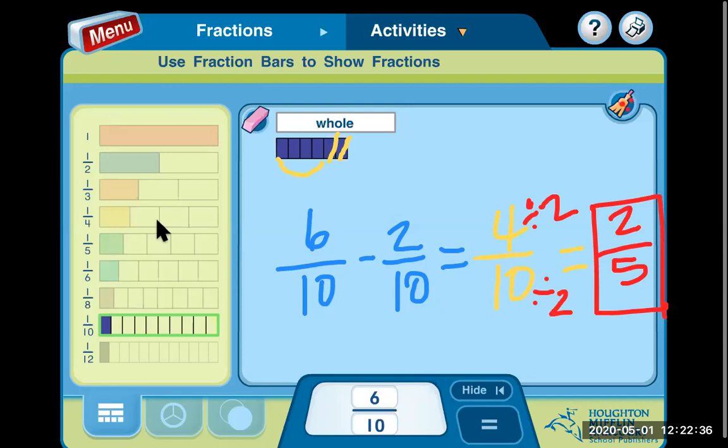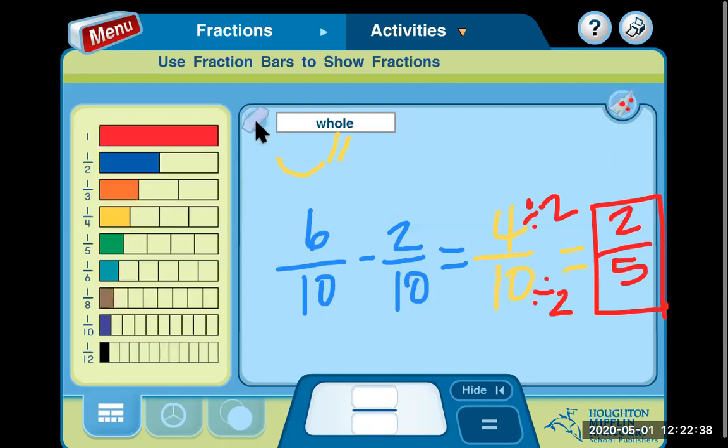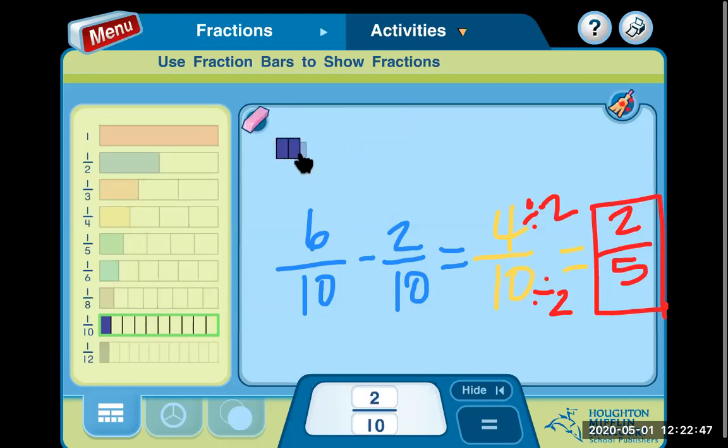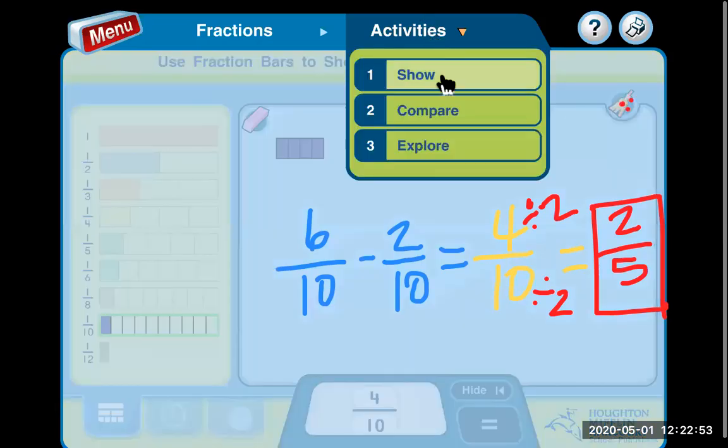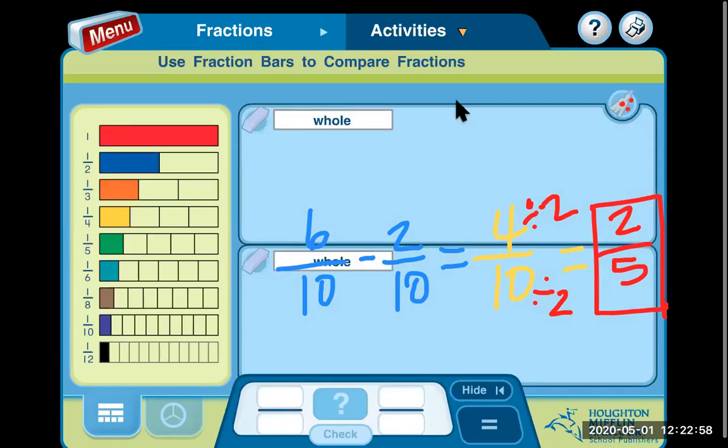Let me get rid of that and get rid of this. And then let's put 4/10 on the board. 1, 2, 3, 4. And now let's put 2/5. Let's look at 4/10 versus 2/5.